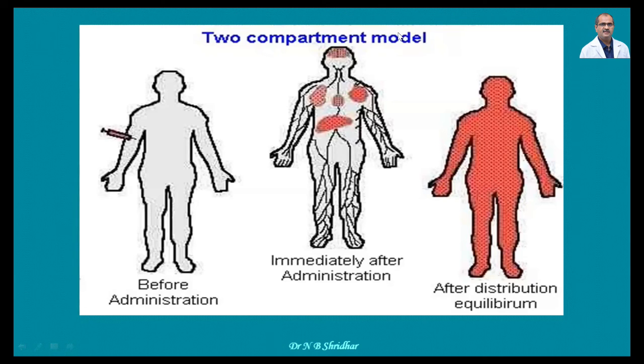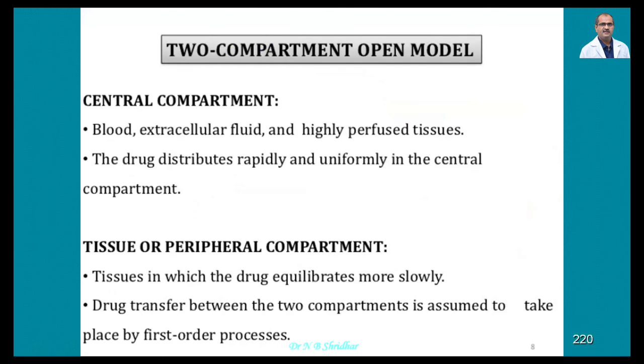This is also a statistical model, and many drugs will follow this type of compartments. The two compartment open model has the central compartment, and extracellular fluid is also a component of the central compartment.